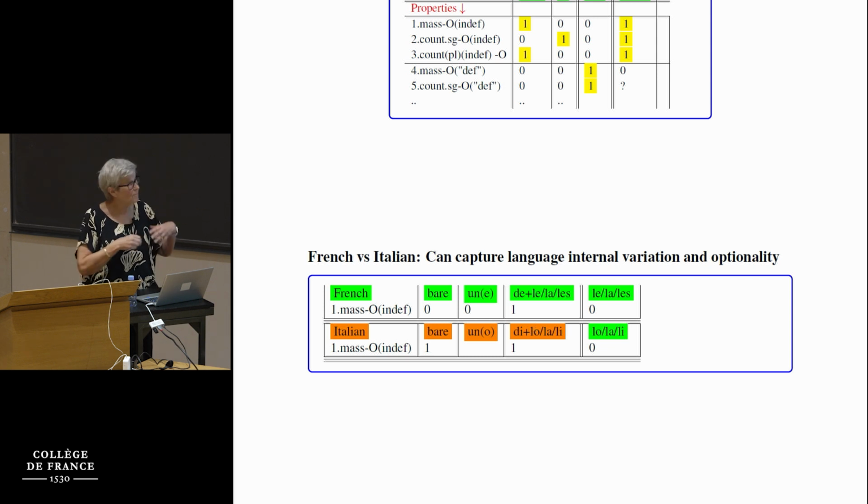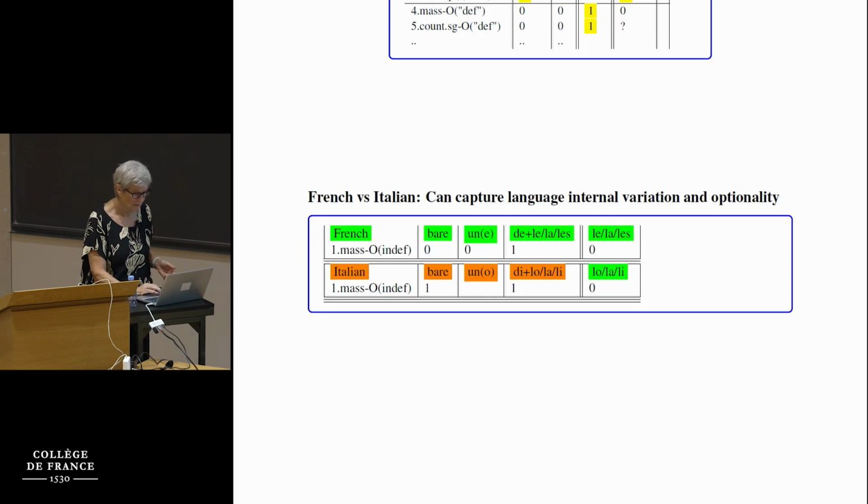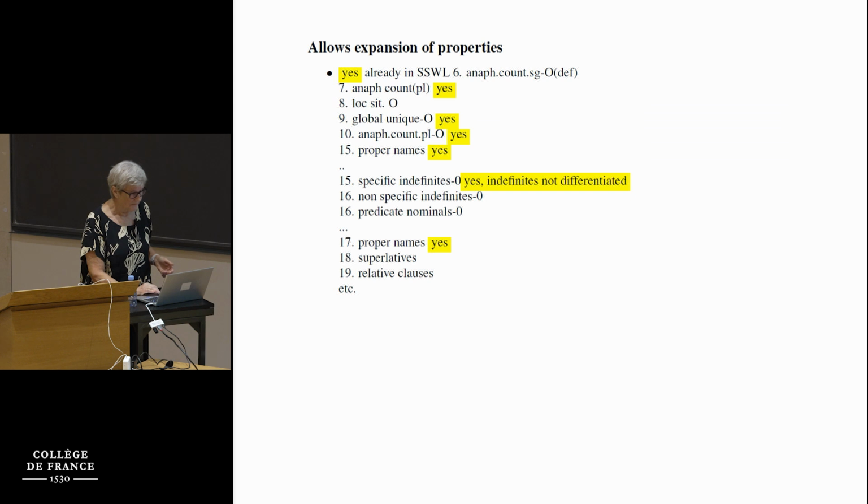So then the question of the linguist is, you know, how are they distinct in their distribution exactly? But you can capture in a language that it has both options, because both forms are possible in a particular context, in a particular reading. Okay. So it allows not only for added forms, but it also allows to expand properties.